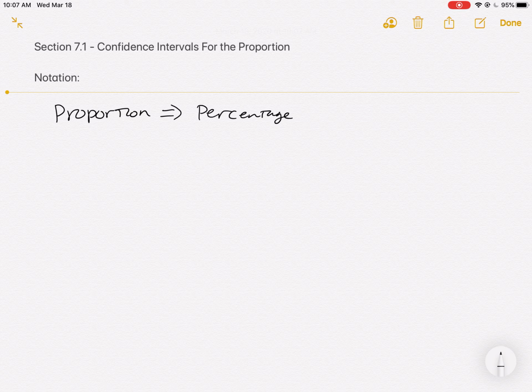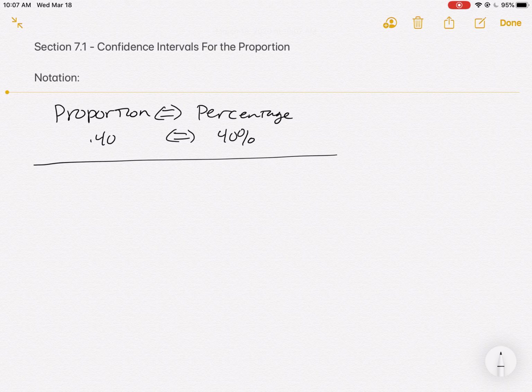Essentially, if the percentage is 40%, the corresponding proportion is 0.40, right? So the proportion is basically just the decimal equivalent of the percentage. So as you hear those words, I didn't want that to confuse you.